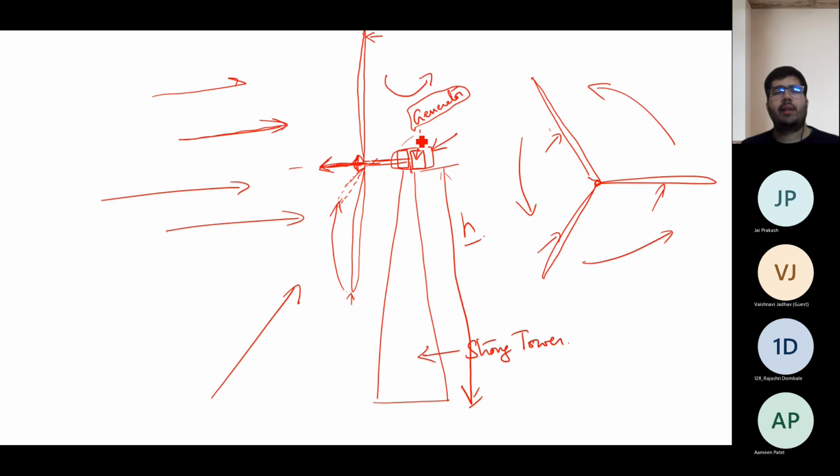The generator, the shafts and the blades have some weight, so the tower structure should be sturdy and strong enough to sustain all these weights. And when high winds come, they put force on the blades, so the tower should be strong enough to sustain those forces also.